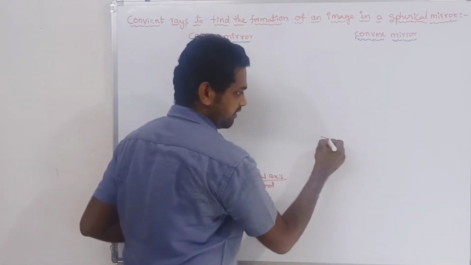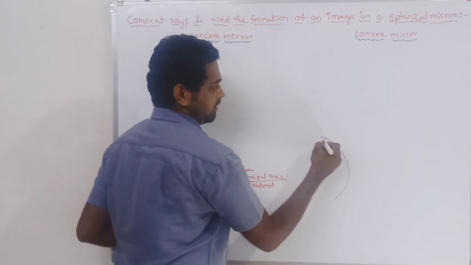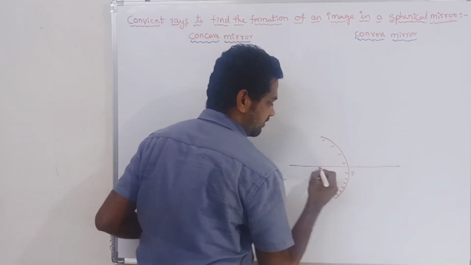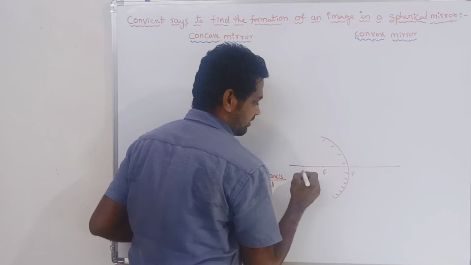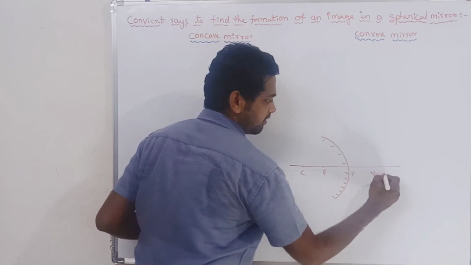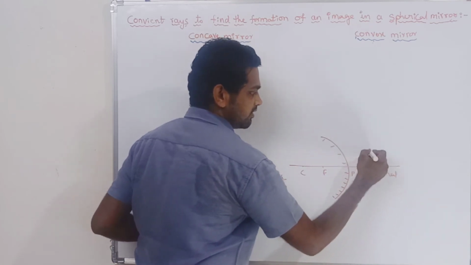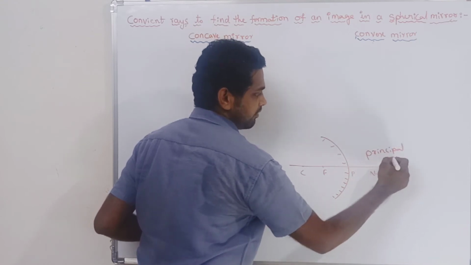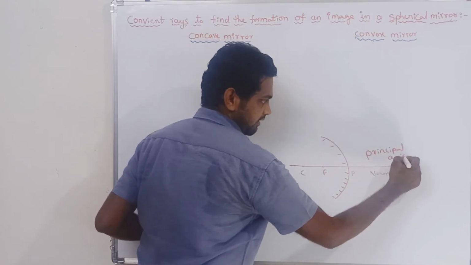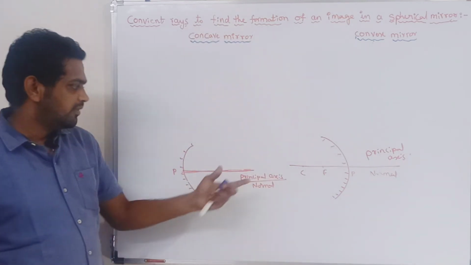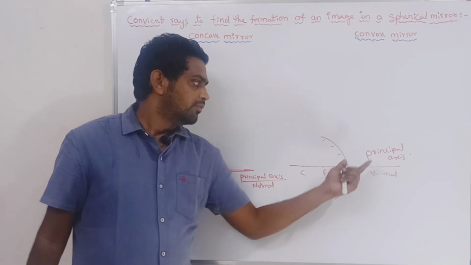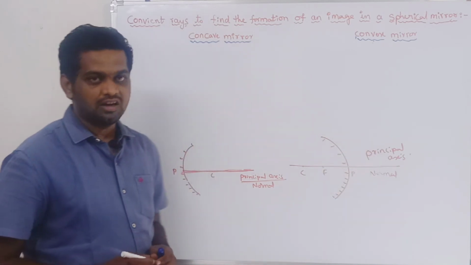In case of a convex surface, here also I am going to draw the normal at the pole. So definitely you will get this is the normal. Clear? This normal is also the principal axis at the pole. So from this it is clear that the principal axis is also one of the normals.